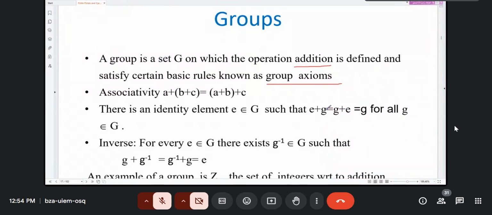So I think real numbers would include this, because real numbers include 0. In this case, E has to be 0. So it means a group has to include 0. If you add that number, it is still going to be g, for all g belonging to G.